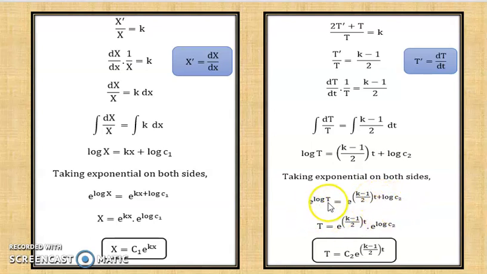We have e raised to log t is same as t and splitting the right side we get e raised to (k minus 1) by 2 into t into e raised to log c2. E raised to log c2 is same as c2. Thus we have t equal to c2 e raised to (k minus 1) by 2 into t.